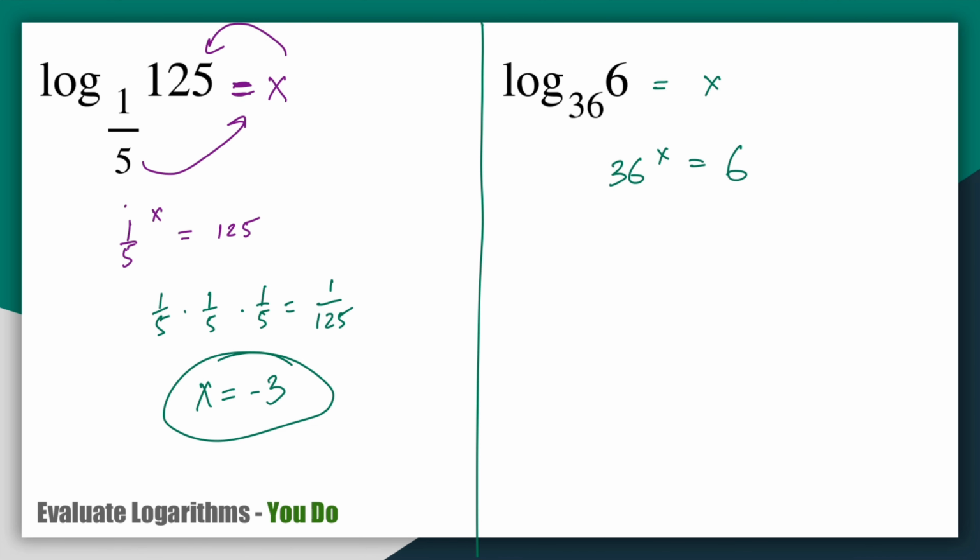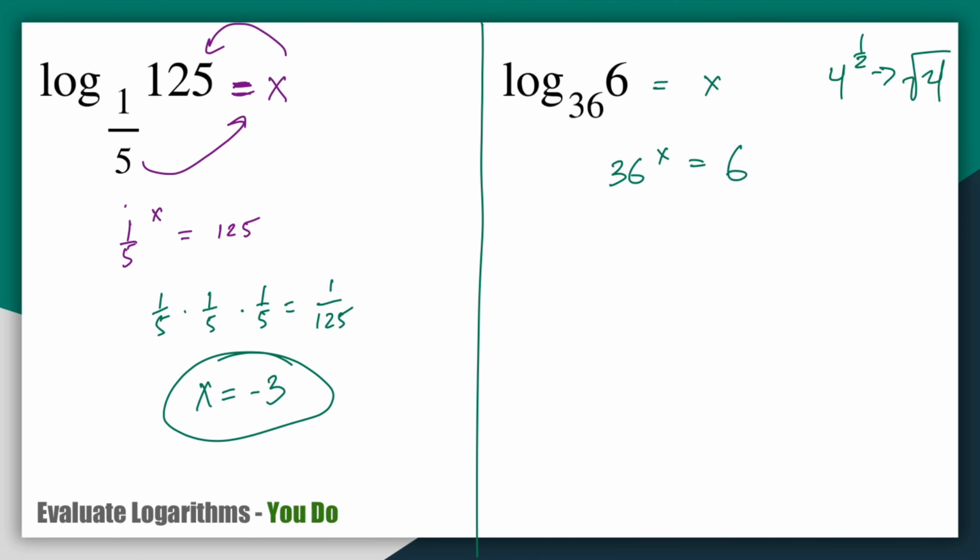And you might be going, well, how? If I do 36 to the power 1, that's 36. 36 to the power 0, that's 1. How do I get to 6? And you have to remember that when you take anything to the power of a fraction, it's like taking the root of it, right? So if I take 4 to the power of 1/2, that's the same thing as saying the square root of 4, back to our exponential properties from many moons ago, okay?